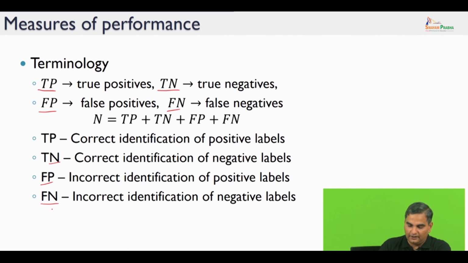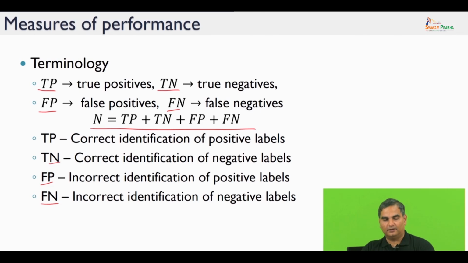And FN is that we predict negative, but that is an incorrect identification. We can also see that the total number of samples that we have worked with has to be equal to TP plus TN plus FP plus FN, because any label we can classify into one of these 4 possible outcomes.